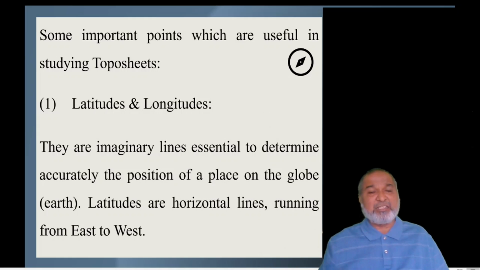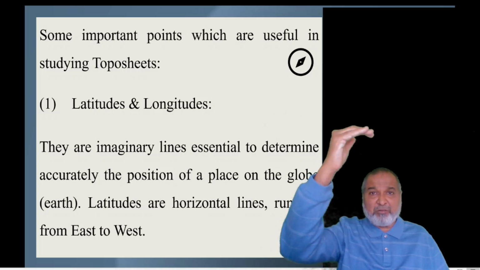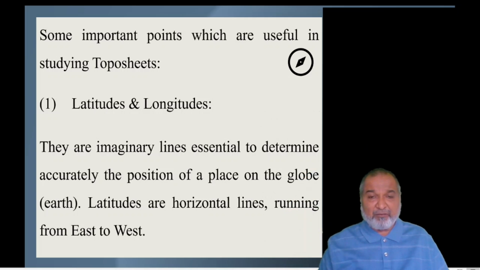These horizontal lines are called latitudes. From the equator, towards the south and towards the north, there will be the north pole. On this we have drawn the horizontal lines, and these lines are called latitudes.